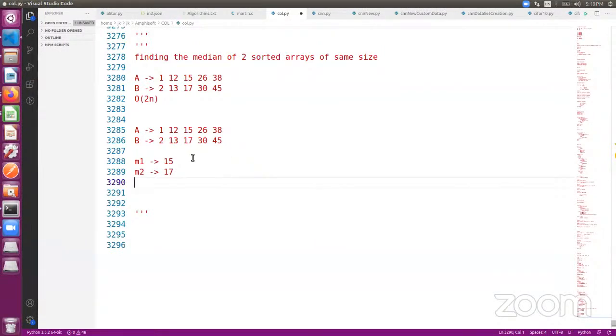Everybody get it? Yes, sir. Now what happens? Next, A becomes only the right hand side values, and B becomes the left hand side values.